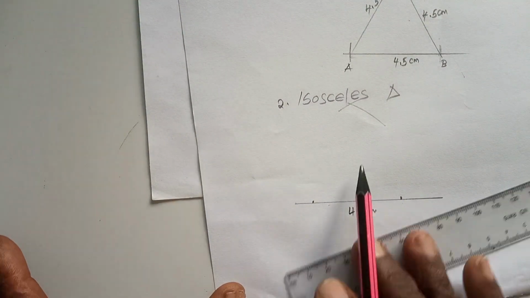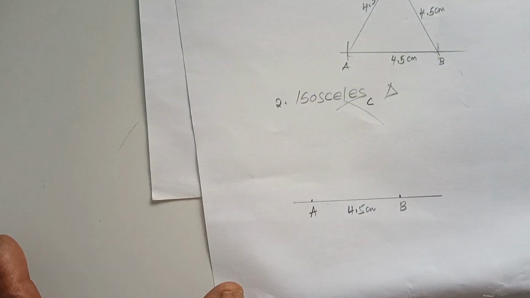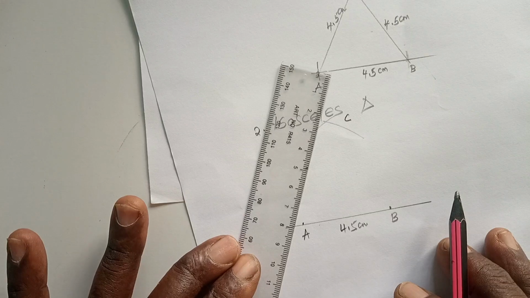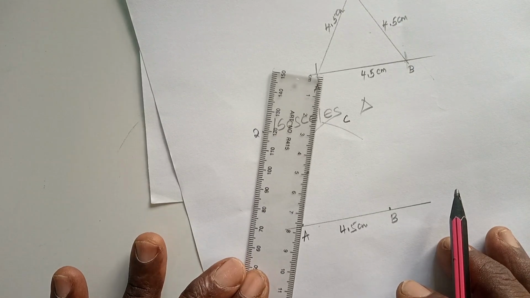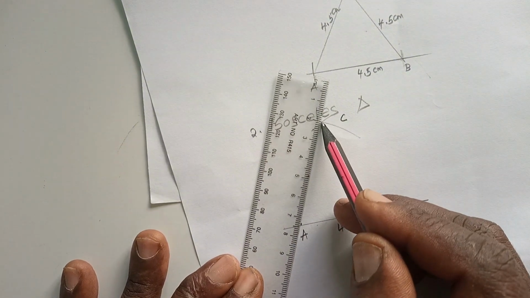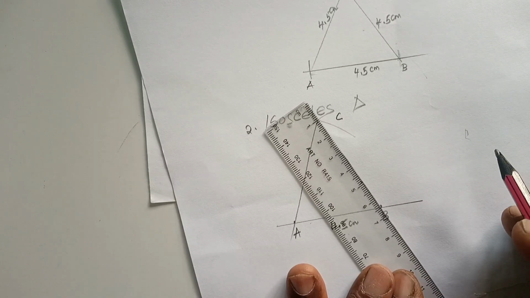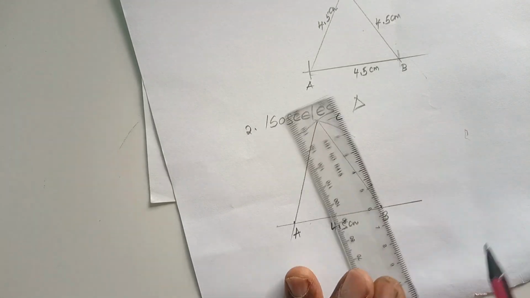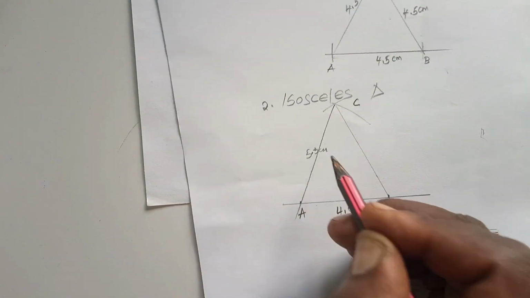So we can call this A, B, and C. And then we join the parts carefully. Like that. And then this other one, we join it like that.